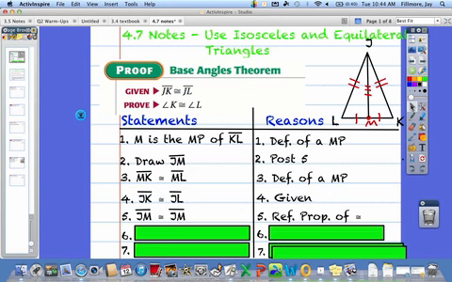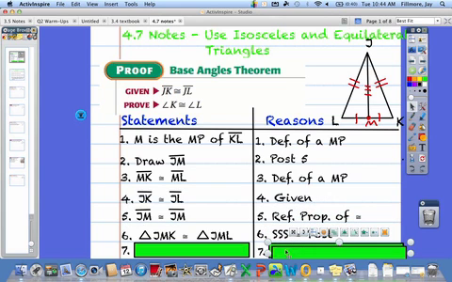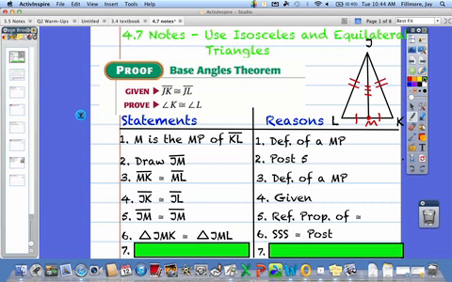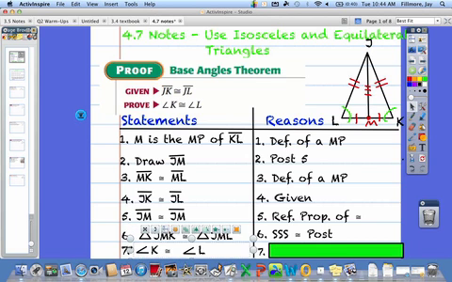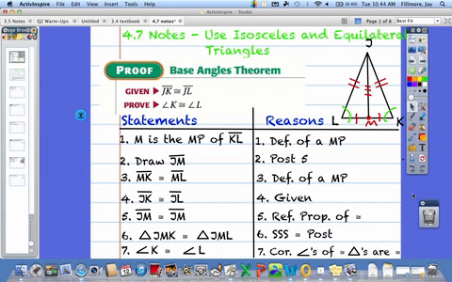And so we can say the two triangles are congruent using our side-side-side congruence postulate. And since the two triangles are congruent, we can say that the two angles will be congruent using our corresponding angles of congruent triangles are congruent.